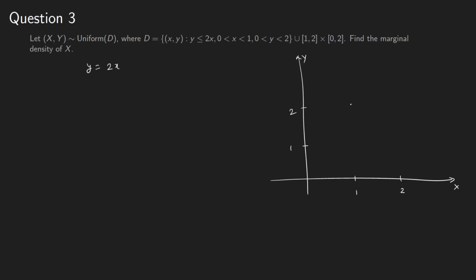So this line will be like this, it can go beyond this also. So we have to consider all the region where y is less than or equal to 2x. So clearly this side of the line represents all the region where y is less than or equal to 2x.